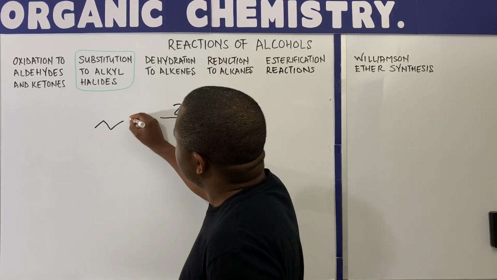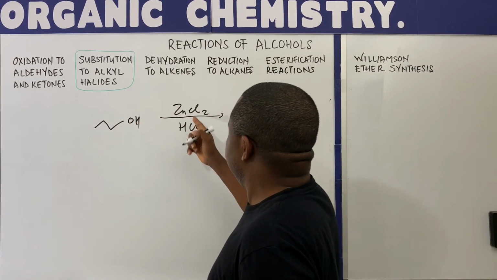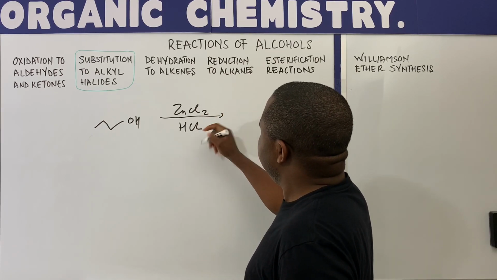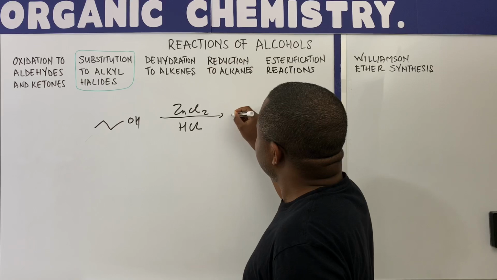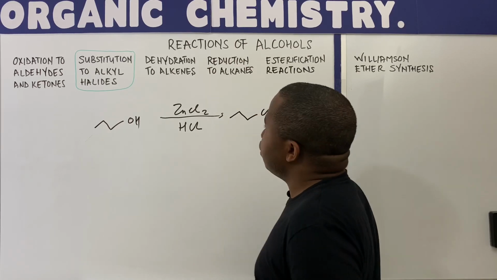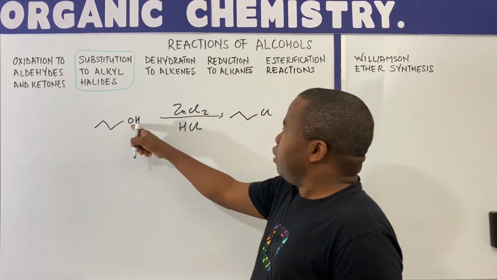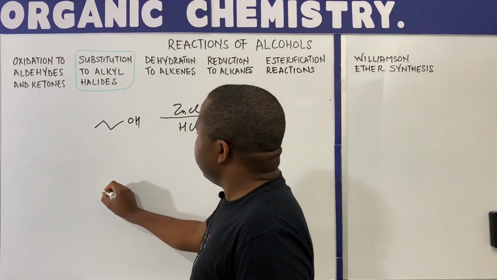So if we have something like this, we will need a zinc chloride. The zinc cation is needed, and we need HCl to form this. So basically, this is going to chelate with the oxygen so that we have something like this.